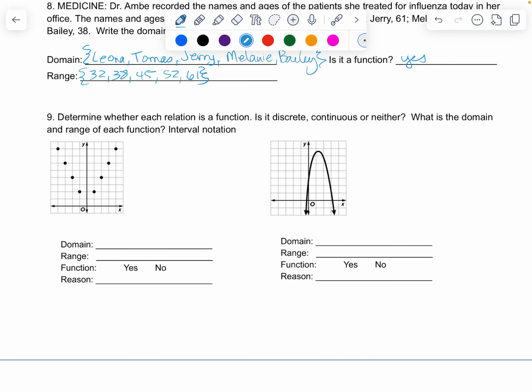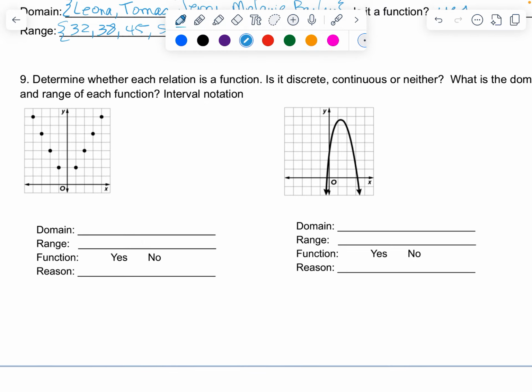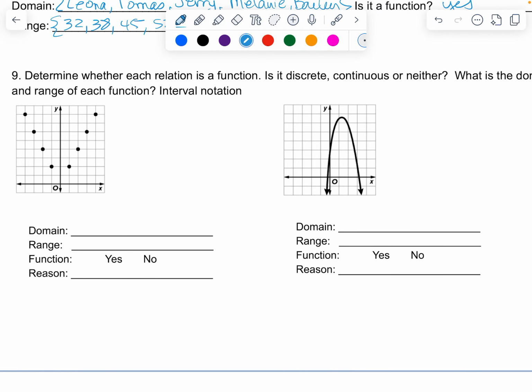Determine whether each relation is a function. Is it discrete, continuous, or neither? Was the domain and range. Oh, I forgot to put, okay. So the domain on this would be negative 4, negative 3, negative 2, negative 1, 1, 2, 3, 4. What is the range on this?